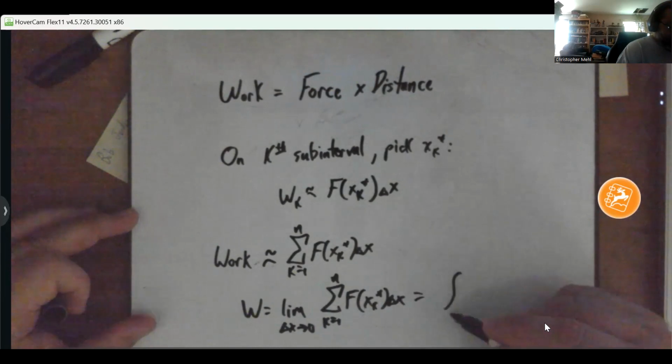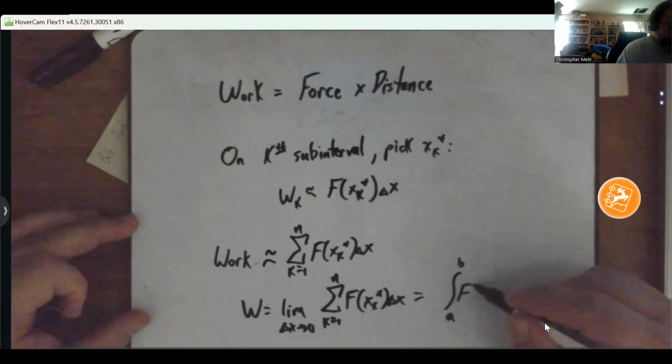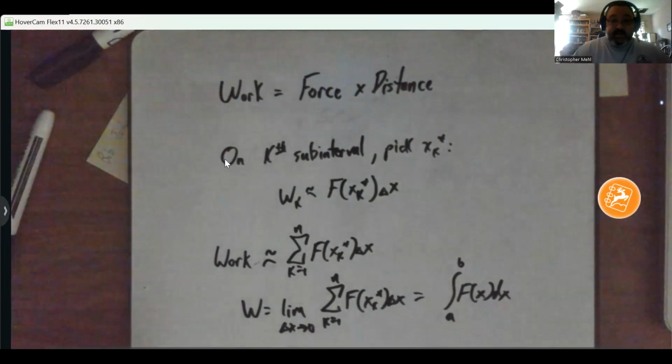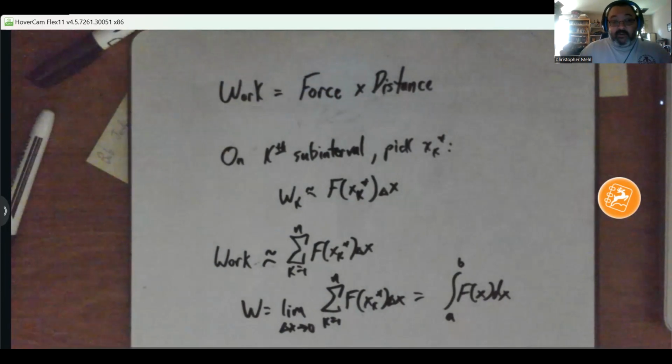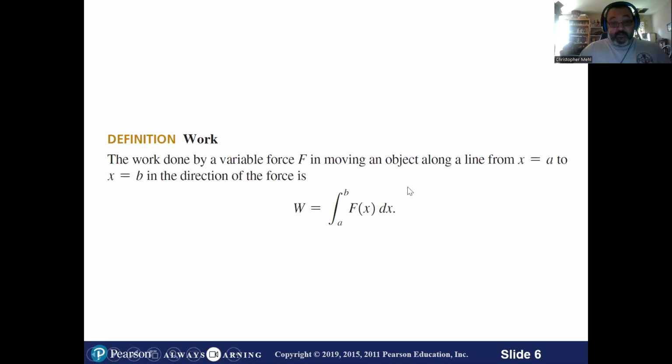That gives us the integral from a to b of f of x dx, and that is our integral formula for work. The work done by a variable force F moving an object along a line, a linear distance from x equals a to x equals b, is W, work, equals the integral from a to b of f of x dx.